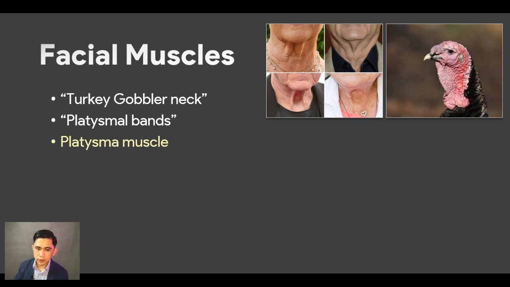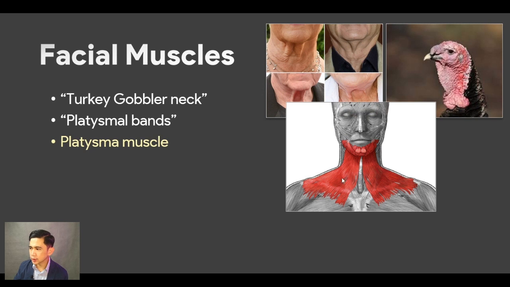This turkey gobbler neck is produced by the platysma muscle. We have the platysma muscle, and we have this one here. It is also part of our facial expression, especially as we clench our teeth or express anger. Our platysma moves. So when we get old, our platysma will be more prominent and thus will produce this appearance.